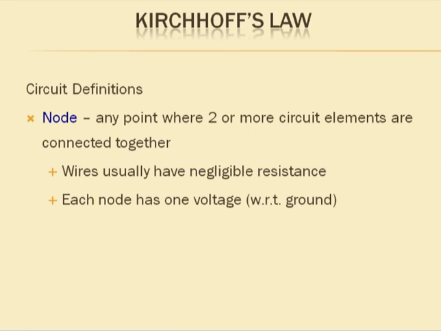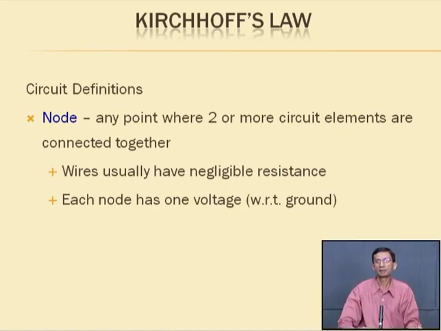So here, if we are finding some point in the circuit where two or more elements, it may be the voltage source, the resistance, the inductance, or the capacitance, are connected at a particular point, then we can say that that particular point is known as the node of a circuit. We are going to discuss this node in detail in successive slides.